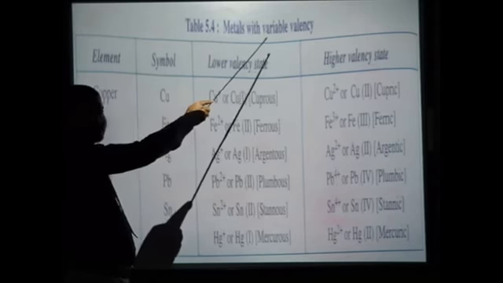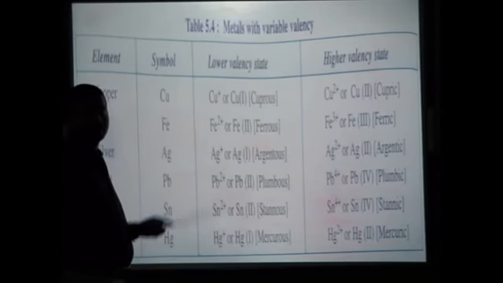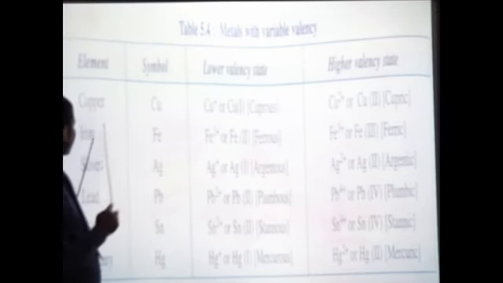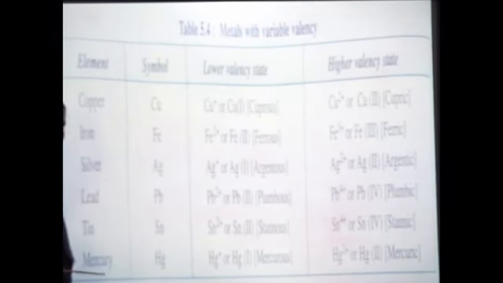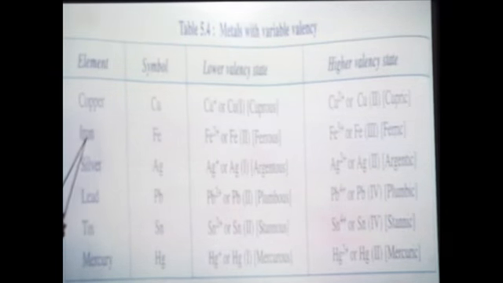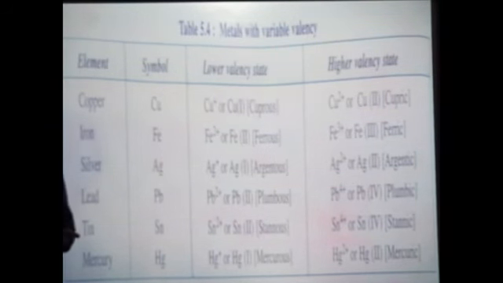Table 5.4, metals with variable valency. Copper, iron, silver, lead, tin and mercury can show variable valency. That means they can show more than one valency, more than one combining capacity.